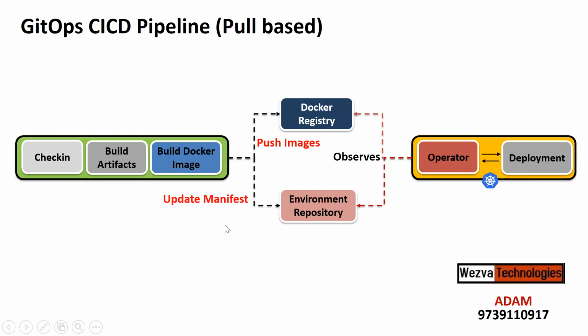So this concept, where you use a Git repository as a single source of truth, with different branches to maintain different environments' content, and ensure that you are using an operator which will do the CD pipeline, is called GitOps CICD.